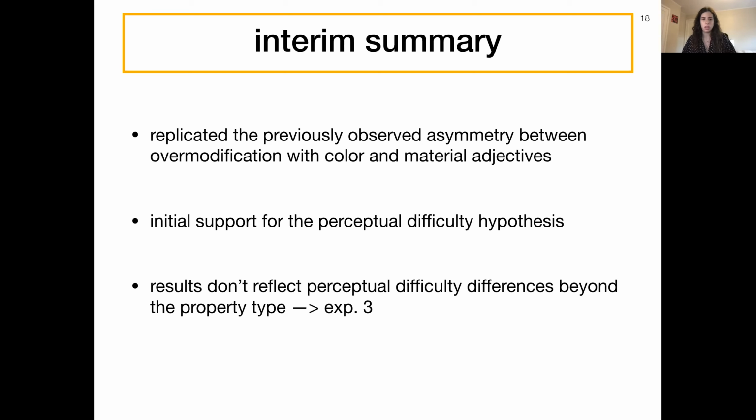So we ran a third study to remedy part of this problem by obtaining perceptual difficulty estimates for the same items with a more sensitive perceptual difficulty measure that's likely to yield greater within property variability. We also wanted to see if we could replicate the results of the first experiment on the second measure.